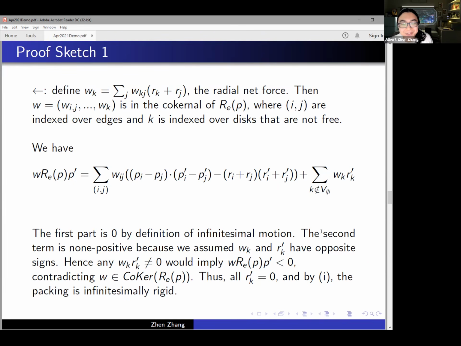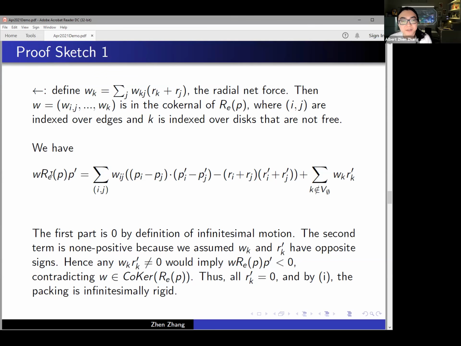The second term is non-positive because we assumed omega_k and r_k prime have opposite signs. The reason is if r_k prime is positive, we are allowing it to grow, then it can only hold negative polar force. On the other hand, if r_k prime is negative, the disk is shrinking, then we only allow it to hold positive force. And as a result, if any r prime is not 0 here, that would give us a strictly negative term.